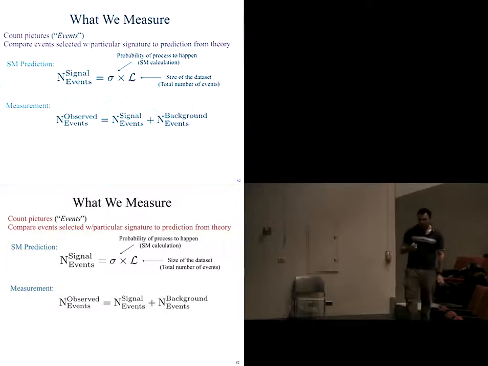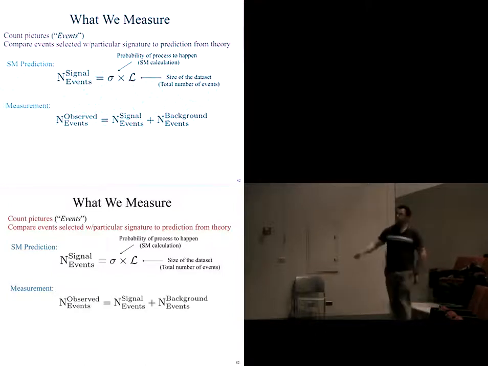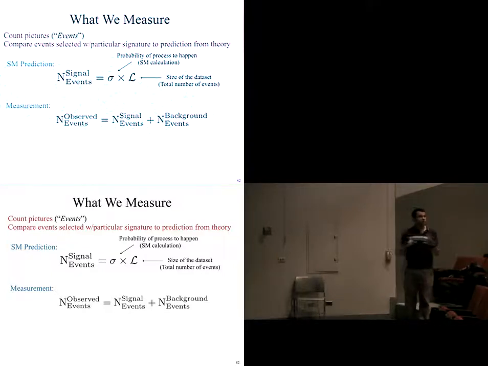Okay, and so this is another complication that I won't talk about in detail. But if we observe so many pictures, that doesn't mean that all the pictures that we observe are the ones that we're after. Okay, so we're really after the number of top quarks, say. But there are some pictures that are not top quarks that can look like top quarks. And so really the number that we measure is the sum of the things that we're actually interested in, plus what we call background pictures, or things that have images that are very close to what we're looking for, but they're not exactly what we're after.